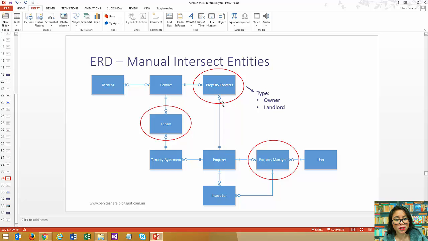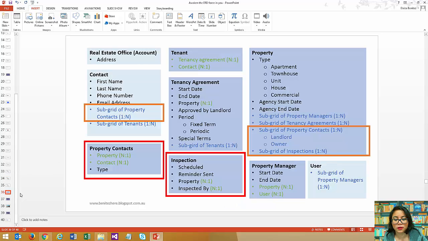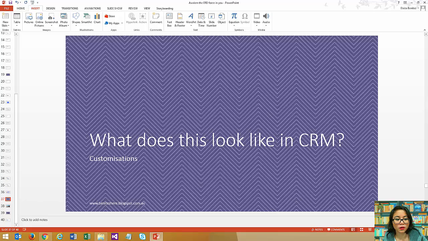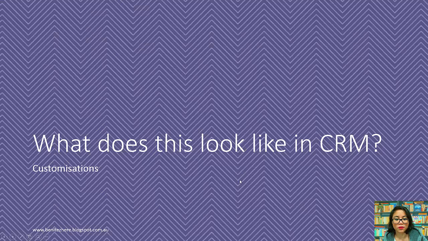Your subgrid is always going to be a zero or many notation. And lookup fields that are not mandatory are going to be a 0 or 1 notation in the relationship. I already went through that with you in CRM, so I'll skip that slide.